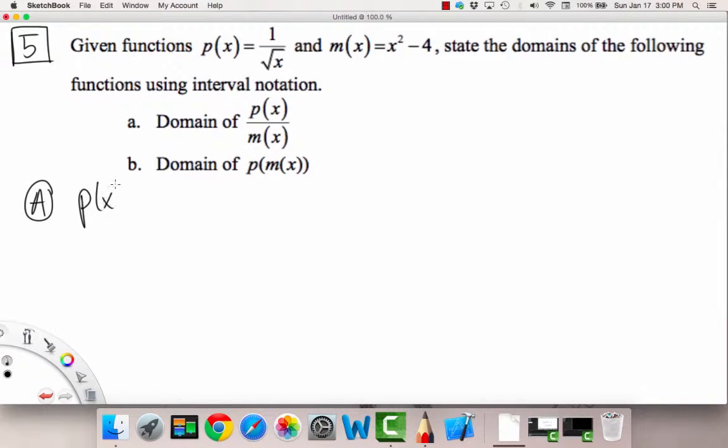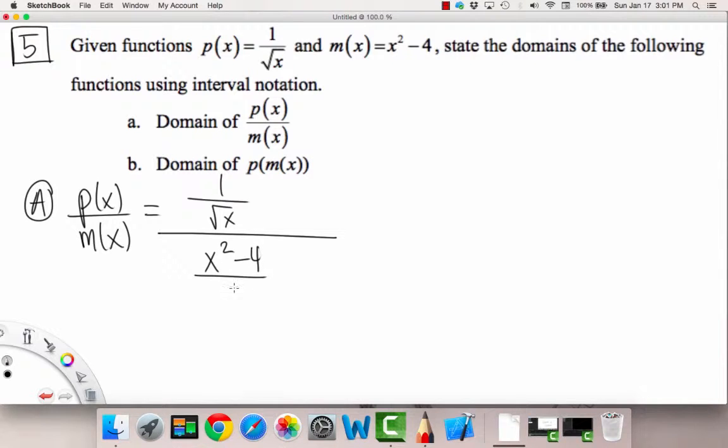We're simply going to follow the instructions. p of x is given as 1 over square root of x. That's our top function, and then we're going to divide it by m of x, which is given by x squared minus 4.